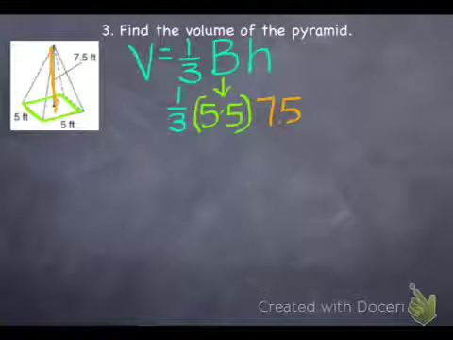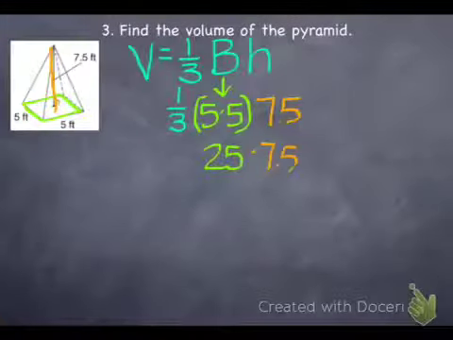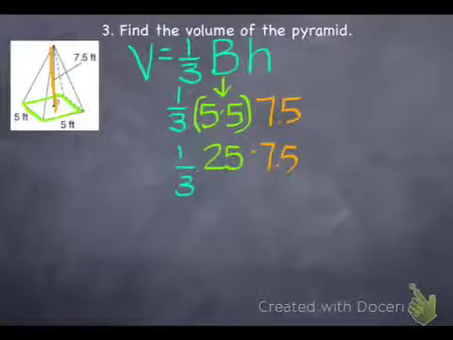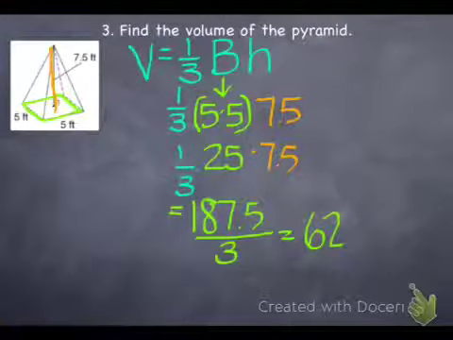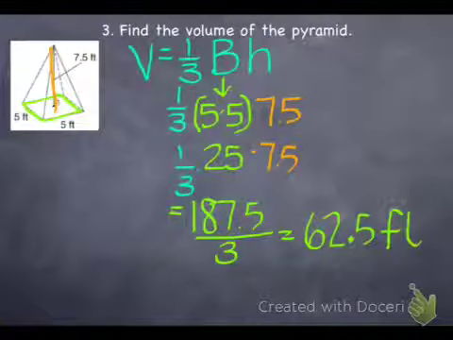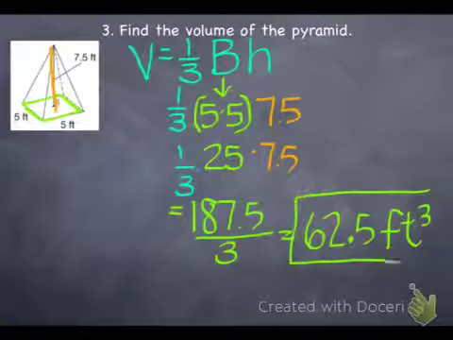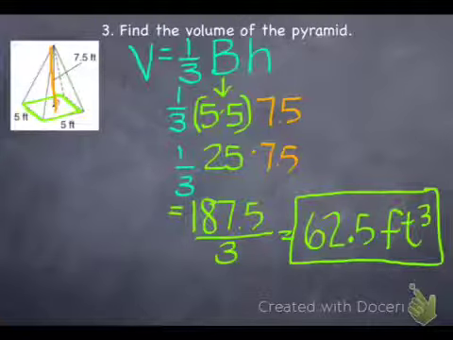So I'm just going to do some simplification. 25 times 7.5. Bring down 1/3. So I get 187.5 divided by 3, which is going to give me a total volume of 62.5. And this is in feet cubed, or to the 3rd, because we're doing, again, volume.